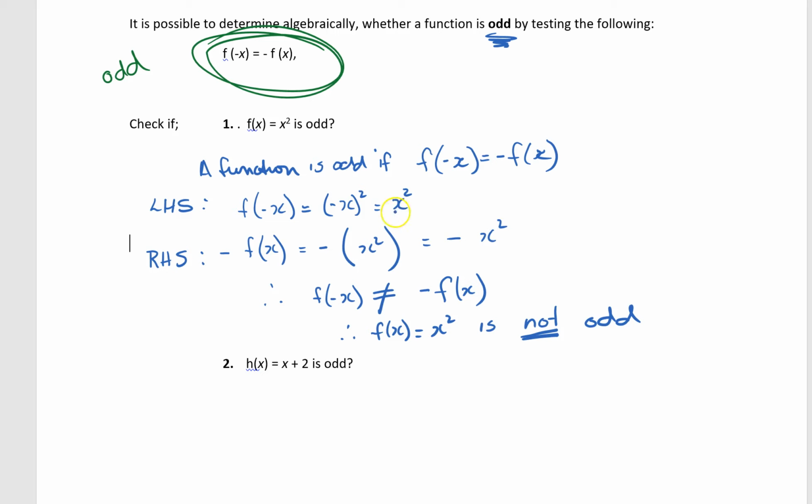Now we can see that x squared and minus x squared are not equal. So we've got that the function in minus x, which gave us the x squared, and the minus function in x, are not equal. Therefore, we would say this function is not odd.